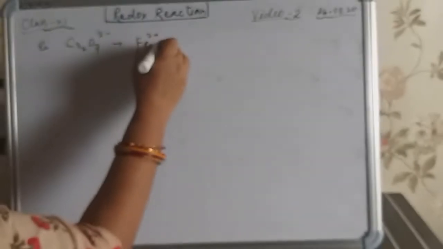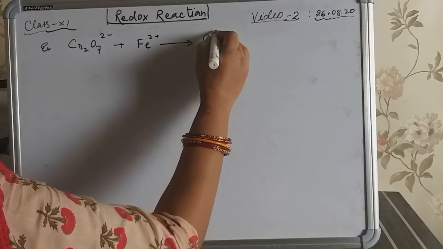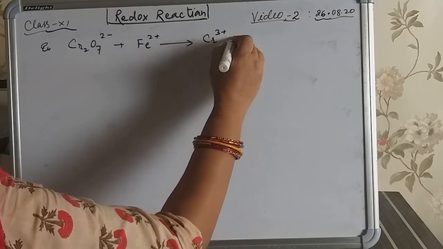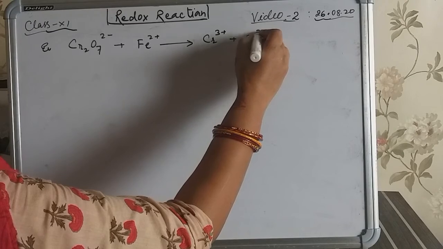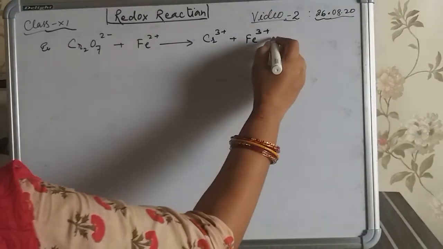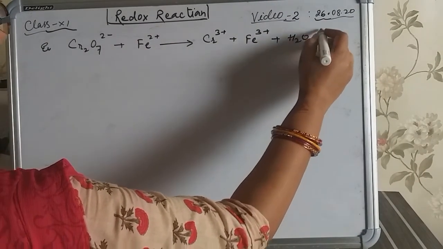For example, Cr2O7 2 minus and Fe 2 plus react to form chromium 3 plus and Fe 3 plus and water.